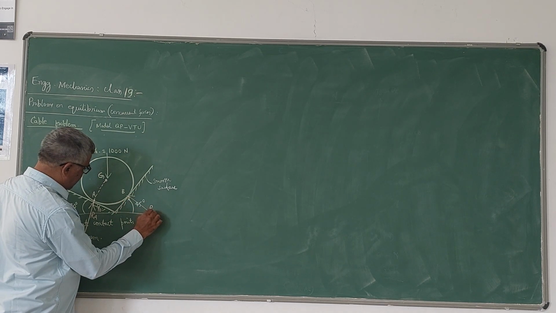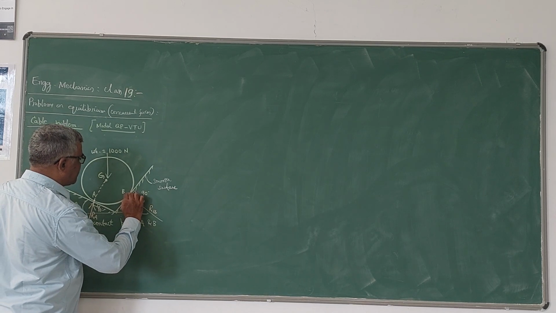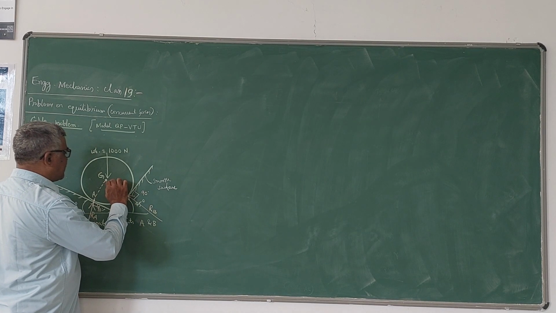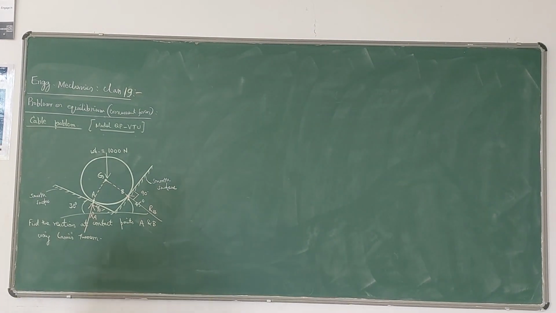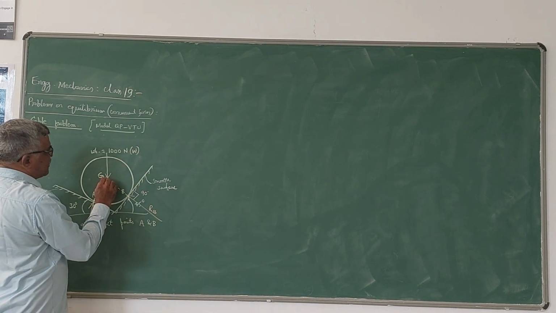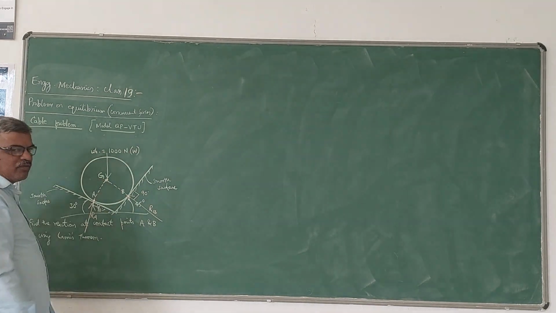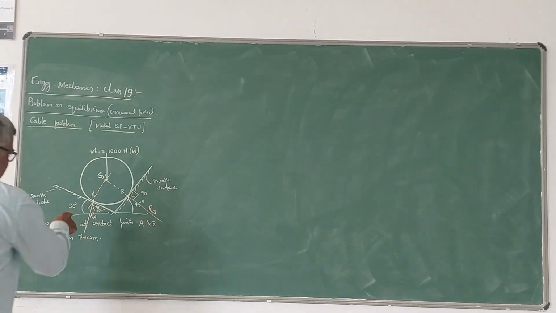This is RB, the reaction at B. This angle will be 90 degrees, and if you produce its line of action, it will pass through the center of gravity. That means RA, RB, and the weight W are three coplanar concurrent forces.